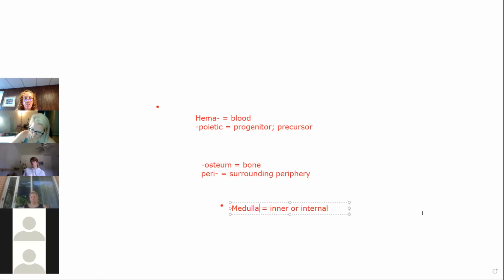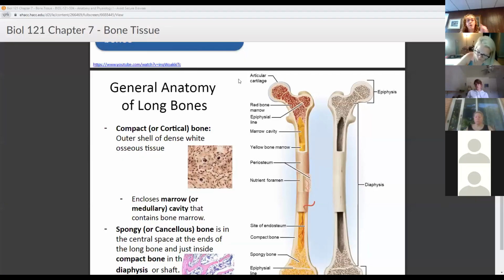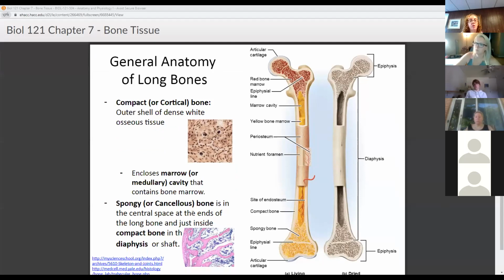So medullary cavity is the internal cavity. Spongy or cancellous bone is in the central space internally and lines the medullary cavity. So it's found at the ends of the bone and it lines the inner cavity, the medullary cavity.